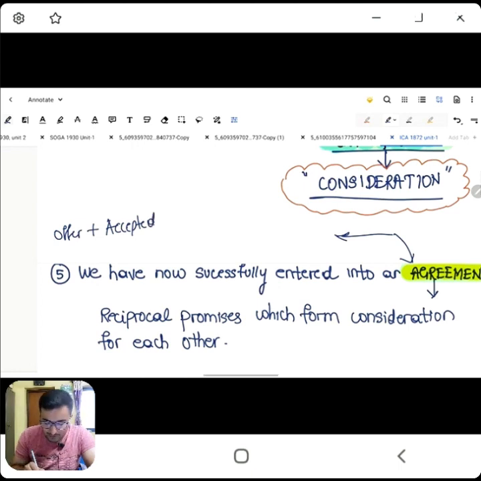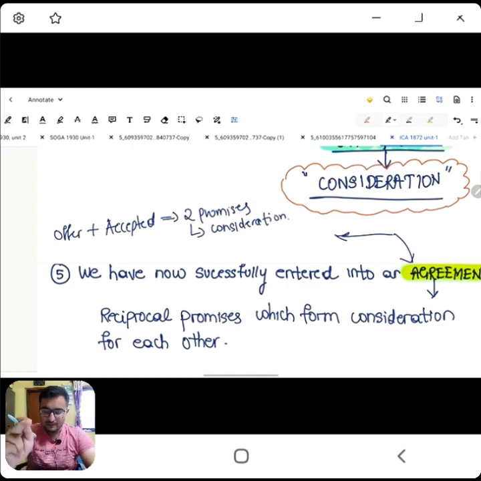Once you accepted my offer, what has happened? It has given rise to two promises, right? I will deliver lectures to you, you will pay me my money. We termed this as what? As consideration, right? So when all of these things are fulfilled, offer is given, acceptance is received, that becomes promise.